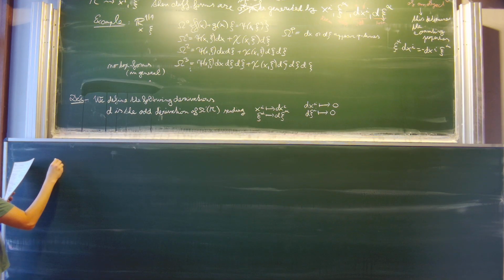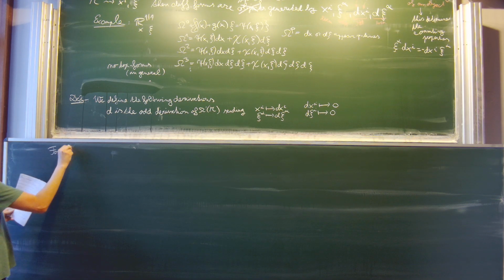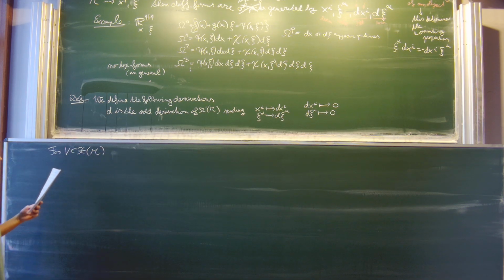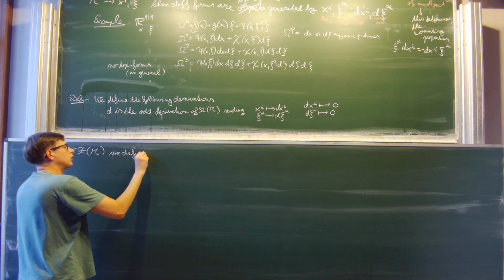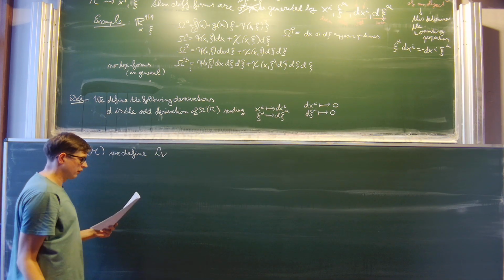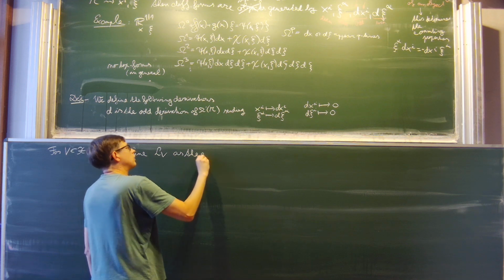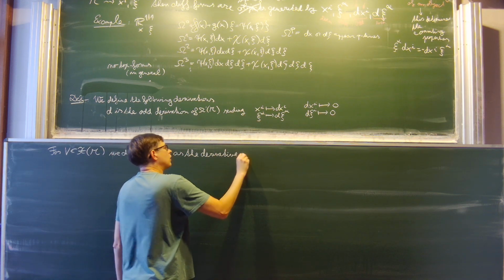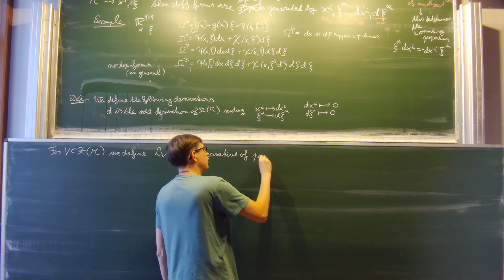Now what about the other things? This is where it gets a little bit interesting. For a vector field V, which we discussed how to describe in general, we can define L, the Lie derivative, as the derivation of parity.